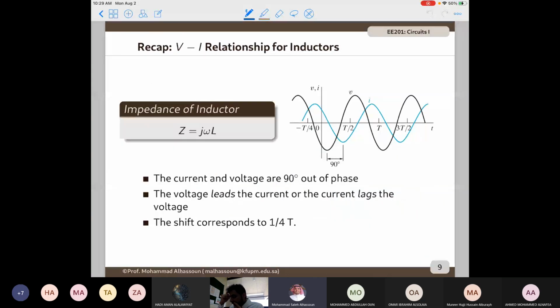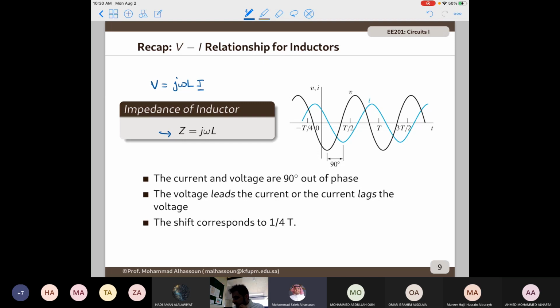If we have an inductor, however, then because of the differentiation here, we're going to have a purely imaginary impedance. And this impedance is given by j omega L. From the fact that we have purely imaginary impedance, this implies that the current and the voltage are 90° out of phase.